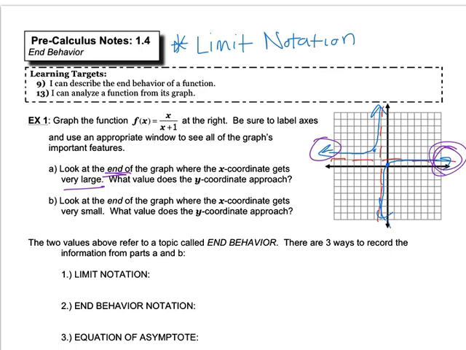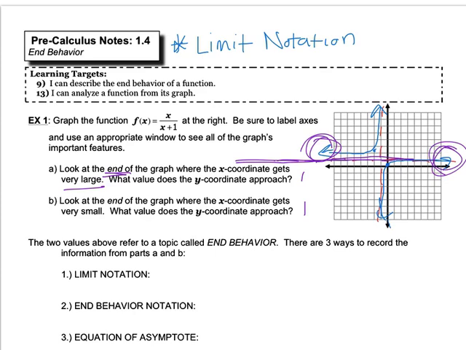And we already saw from our table that that's approaching the y value of 1. And then we can look at the end of the graph where the x-coordinate gets very small. So as x's get very negative in this direction, then our function is going to be approaching this other asymptote, same asymptote where y equals 1 again. So that's what end behavior is referring to. It's the y value that the function is approaching at the ends of the function.